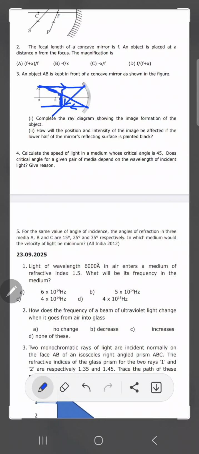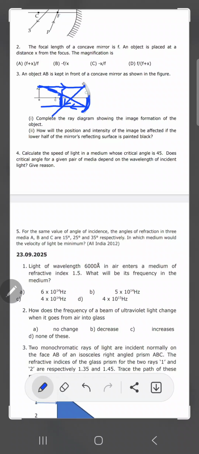And the second part of the question is: how will the position and intensity of the image be affected if the lower half of the mirror reflecting surface is painted black? Now you see, if half of the mirror is painted black, this part is not available for reflection. Only half of the mirror is available.